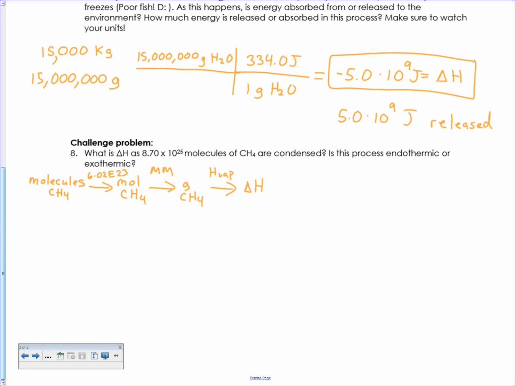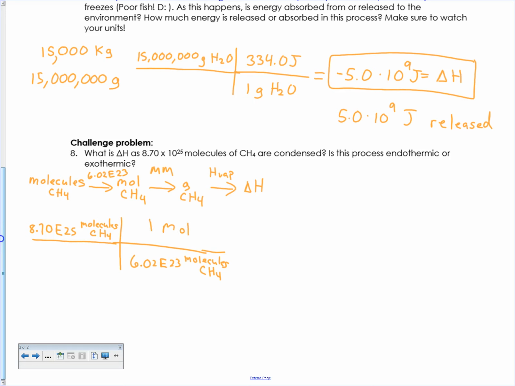So all of this looks pretty good. What we're going to do then is set up this conversion table. We get 8.70 times 10 to the 25th molecules CH4. Okay, then we know that for every 6.02 times 10 to the 23rd molecule CH4, that it's 1 mole of CH4.